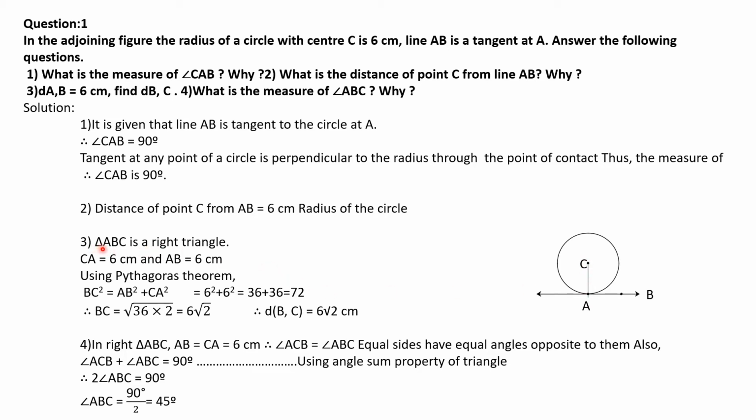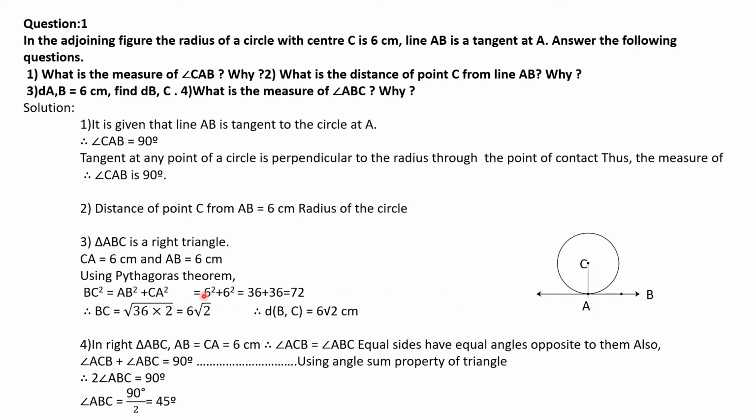Third one, triangle ABC is a right angle triangle. So CA is equal to 6 cm is given and we already know AB is equal to 6 cm. So we are using the Pythagoras theorem. BC square is equal to AB square plus AC square.